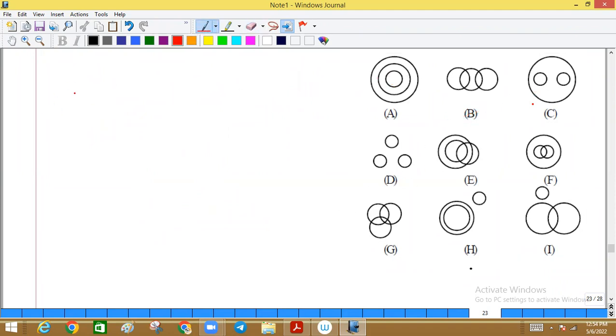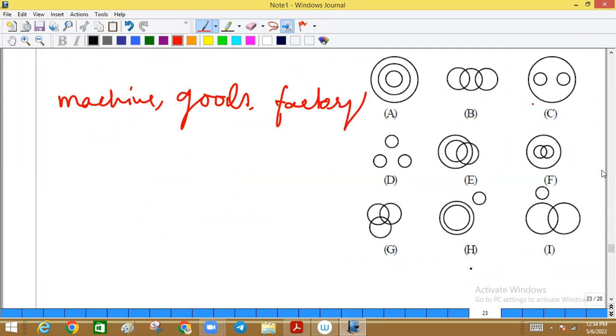Machine, goods, factory. Machine, goods, and factory. So what is your answer?